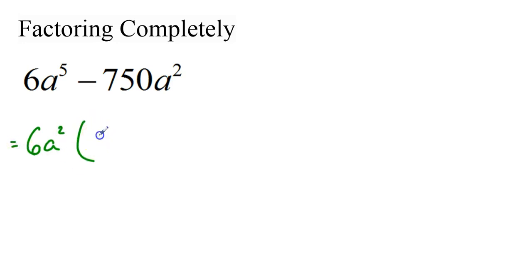And that leaves me with 1a cubed minus, now when you divide this by 6, it's easier for me to divide by 3 in my head, so that's 250, and divide it again by 2, so that's 125. That turns out, guys, is a perfect cube. So now I see, all right, this is a perfect cube technique. So why don't you play the recording after you've tried to factor this with the difference of two cubes technique.